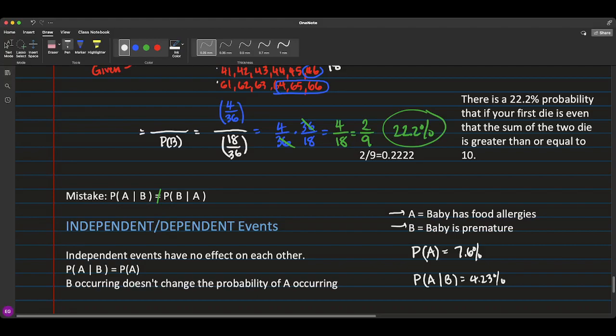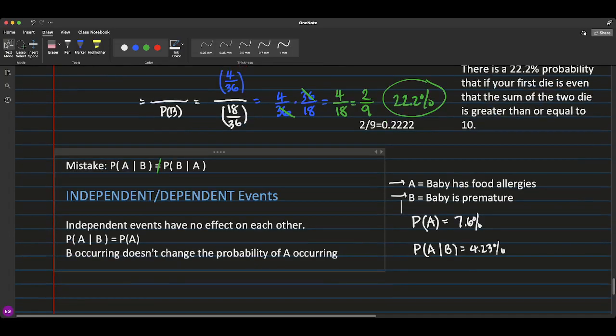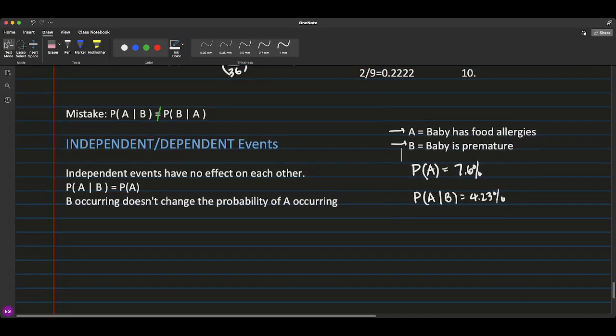So in statistics, there are methods to say that 7.6% is close enough to 4.23%, and we'll learn how to do that in a later section. So it looks like being born prematurely has no effect on you having food allergies later in life. In other words, the events are independent.